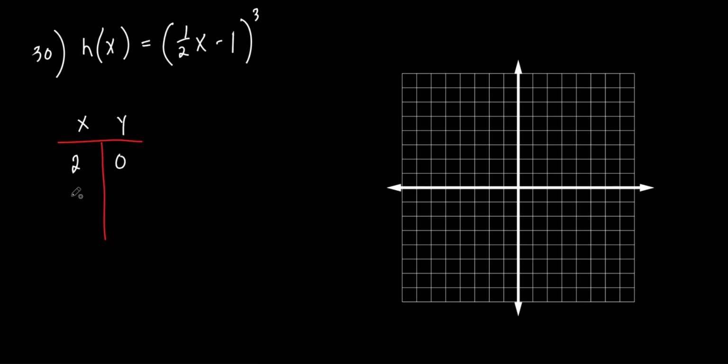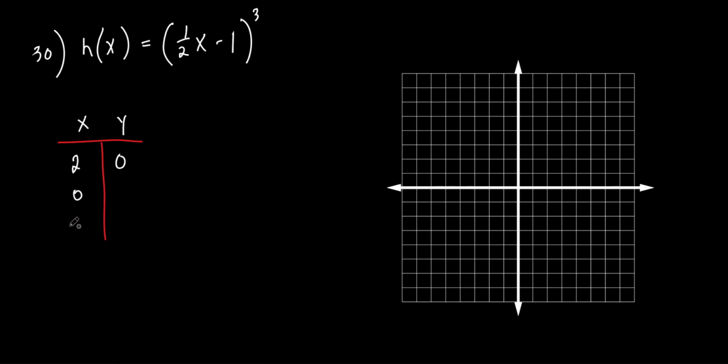Give me a good even number to the left of 2. Let's put in a 0, and then an even number to the right of 2. Why do I pick an even number? Do you have to? Nah, it's just so that you can take half of it and it comes out to a nice integer, and you don't get fractions. Does that make sense?